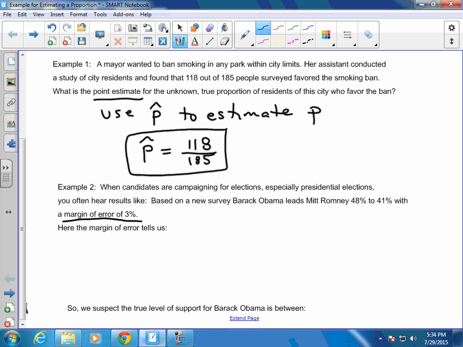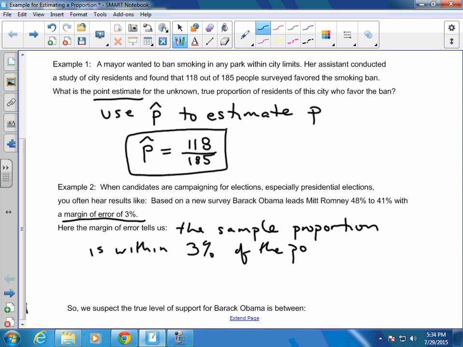So in this case, telling us the margin of error is 3% tells us that the sample proportion is within 3% of the population proportion. And really, I should sneak the word likely in there, because we can't be guaranteed that, but we basically expect our sample proportion to be within 3% of the population proportion based on this result.